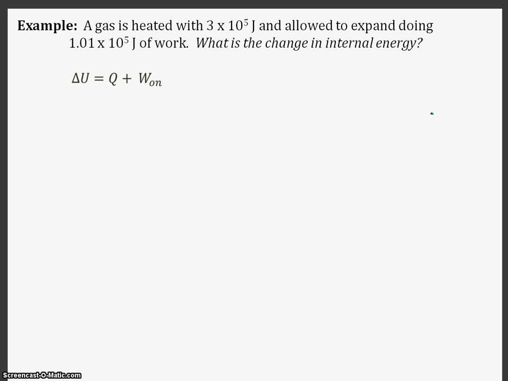The change in internal energy is going to be equal to the heat that you pump in plus the work on the gas, which in this case is negative. It's the gas that's doing the work, and therefore the work is making the gas lose heat because it's expanding. So you got 300,000 minus 101,000. That ends up being 199,000 joules.